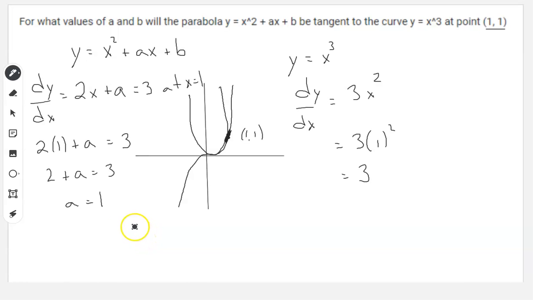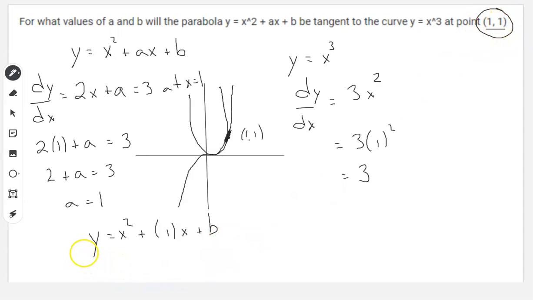Okay, well if I know a must equal 1, and I know it occurs at that point, I can go back to this function, and I can substitute a as 1, and then I can also substitute the coordinates to figure out what b must be.